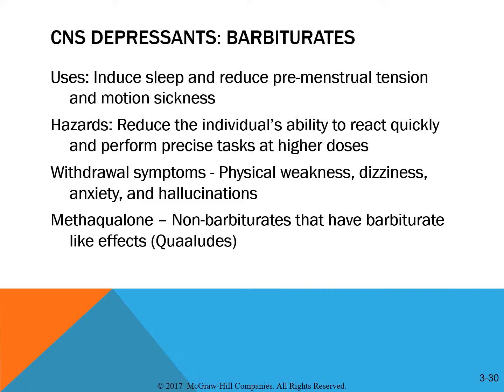However, in larger doses, the purpose is to fall asleep, producing a peaceful calm. The potential for overdose, respiratory failure, coma, and death is high. Withdrawal symptoms do develop with the regular use of barbiturates.